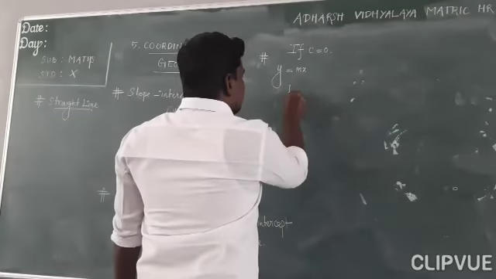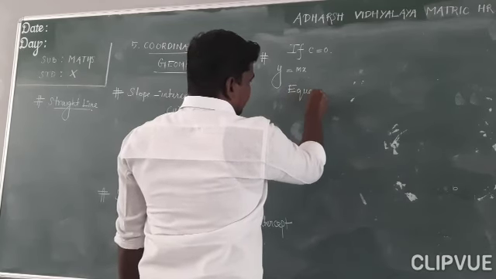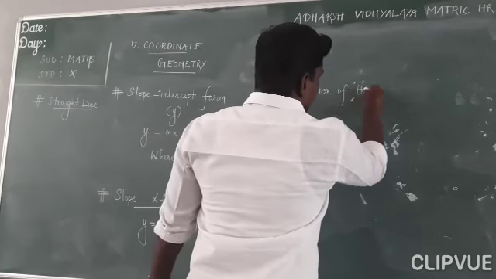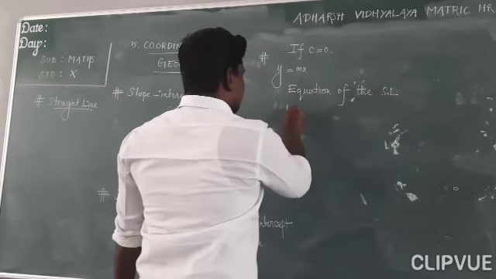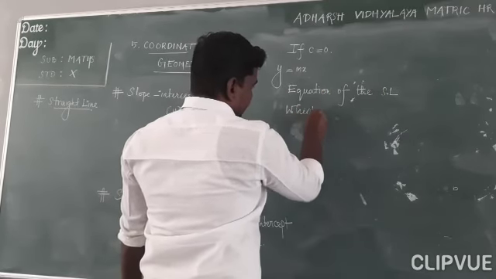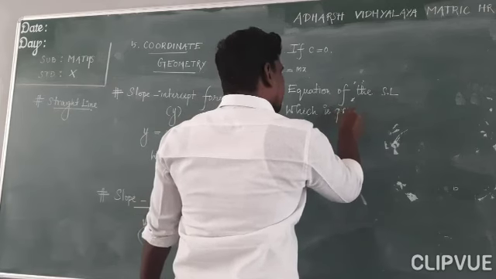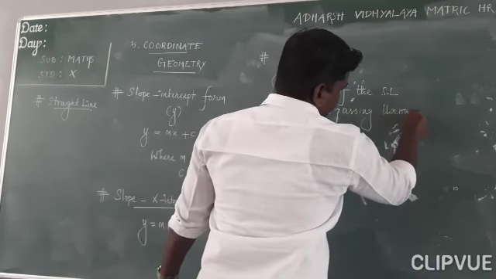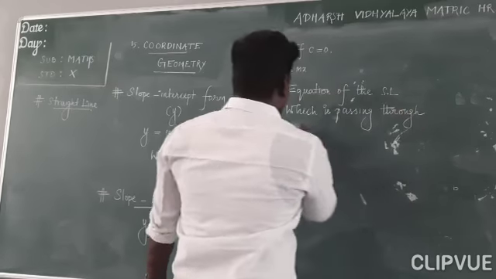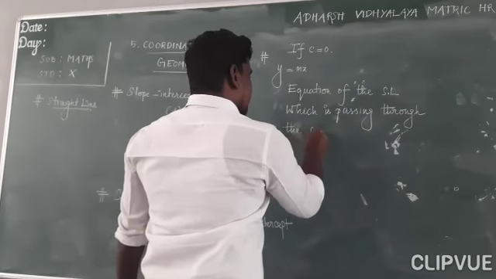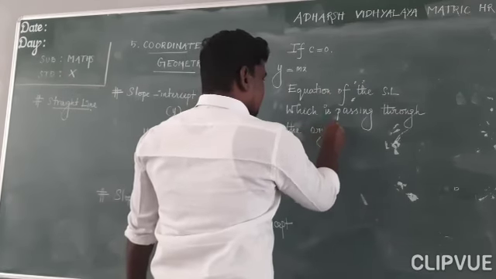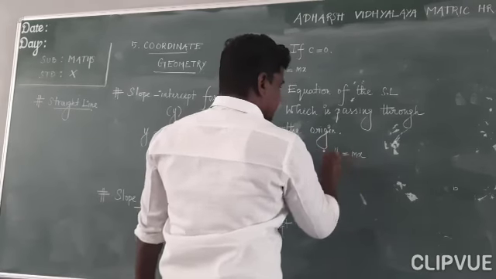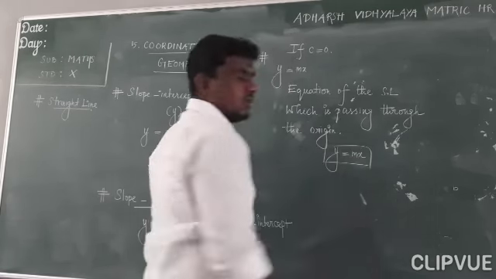So the equation of the straight line passing through the origin is y is equal to mx.